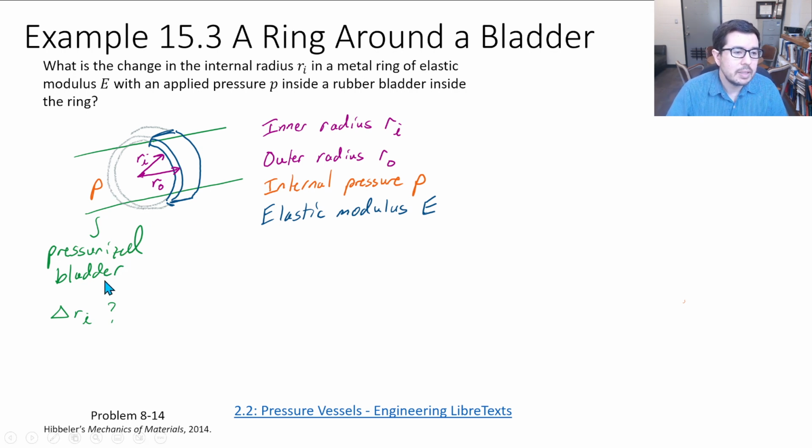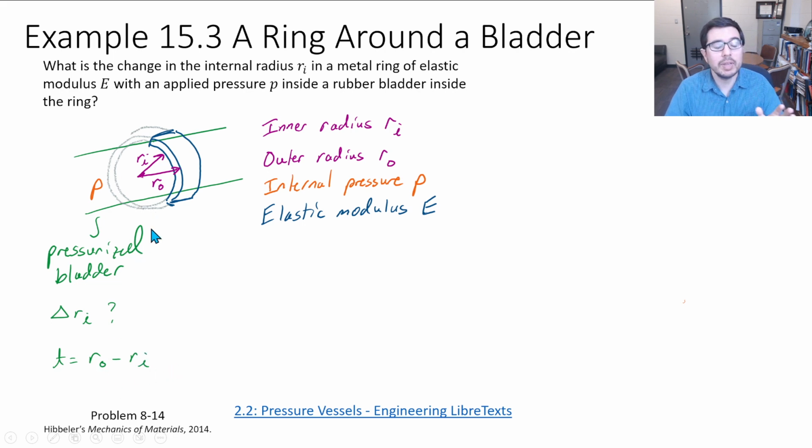The question facing us here is how do we calculate the change in the radius? Well, first we're going to define a bunch of parameters and think about how the change in radius is related to the change in the circumference of this ring around the bladder. So here we go.